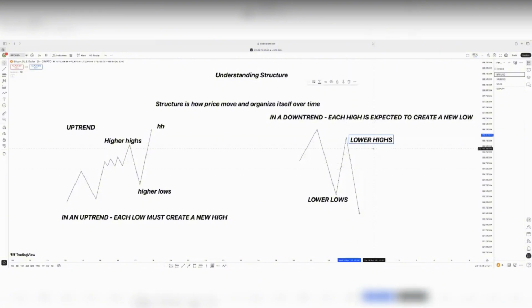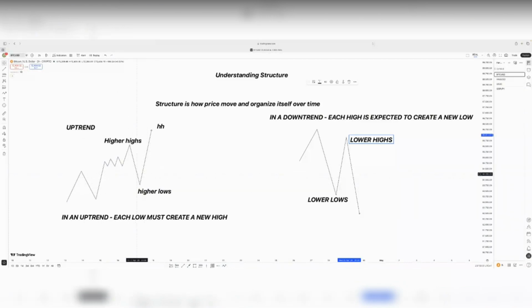Lower high simply means this last high is lower than the previous high. Higher low means this last low is higher than the previous low.